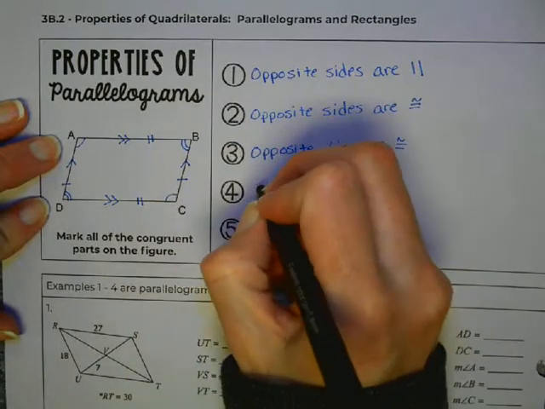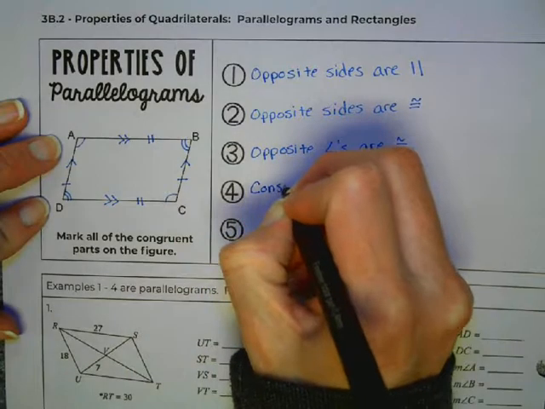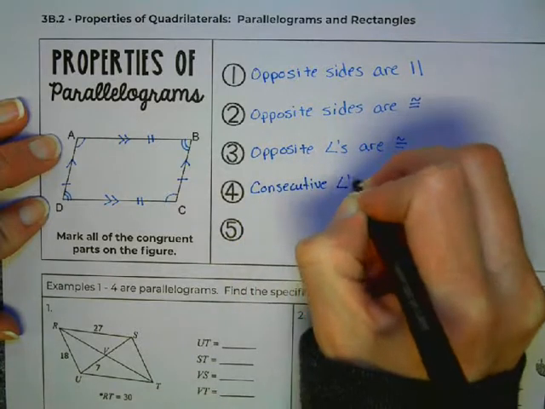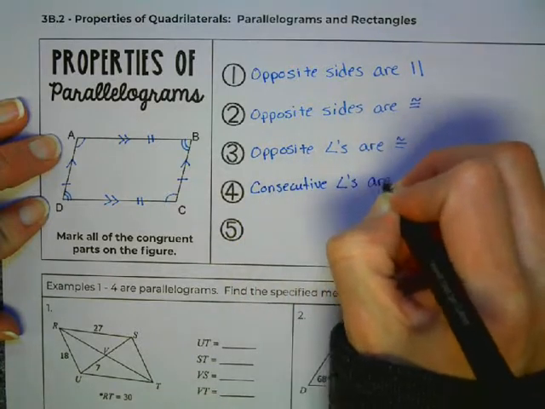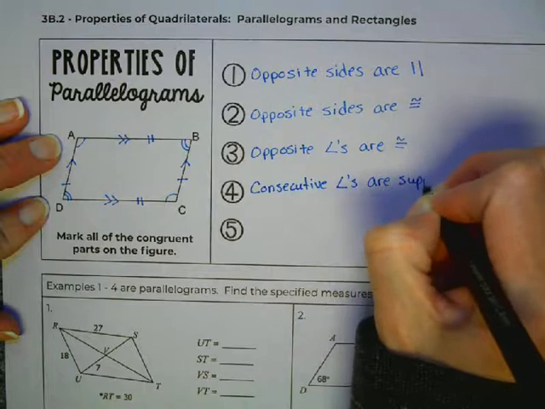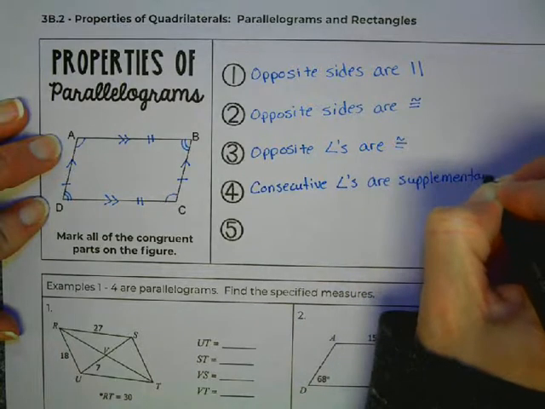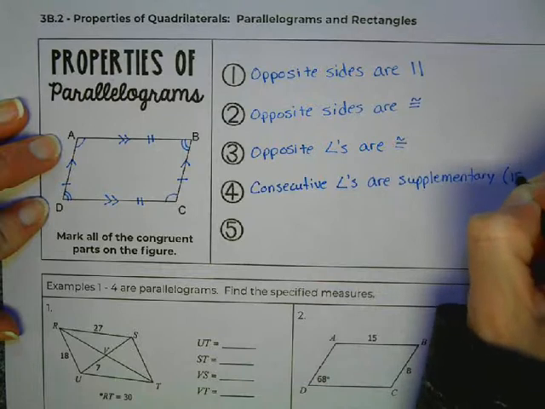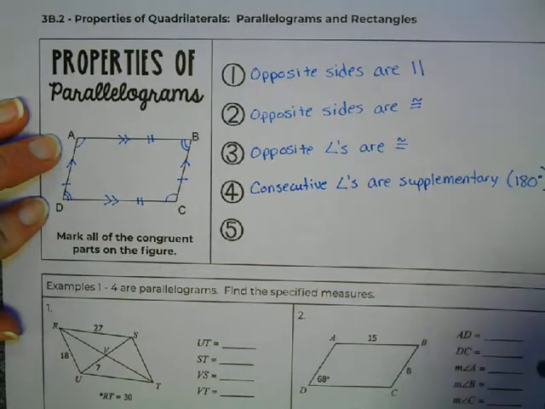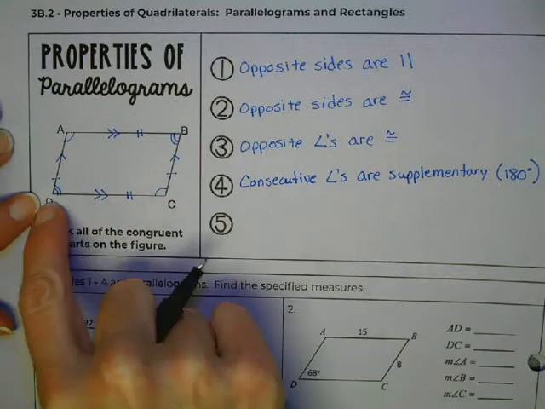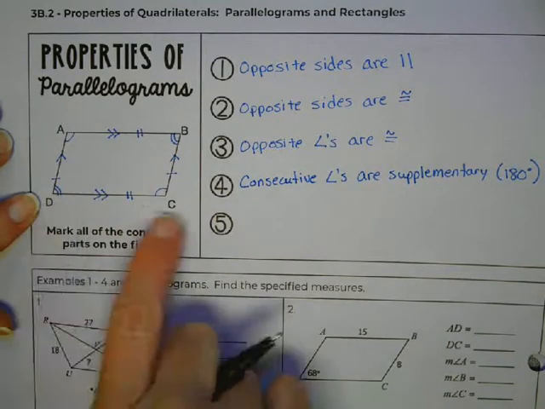And so we learned in that unit consecutive angles are supplementary. And supplementary means they add up to 180 degrees. Okay? So opposite are equal, consecutive are supplementary.